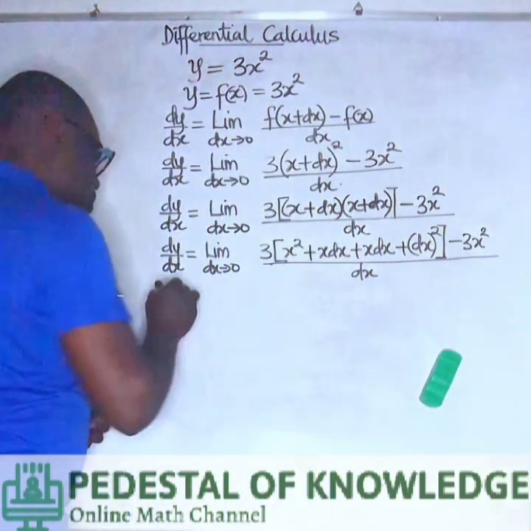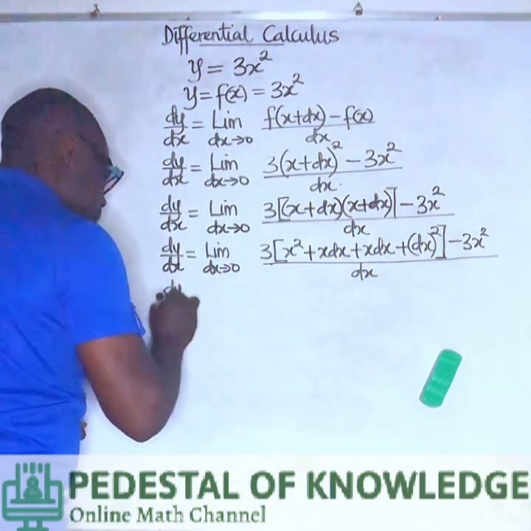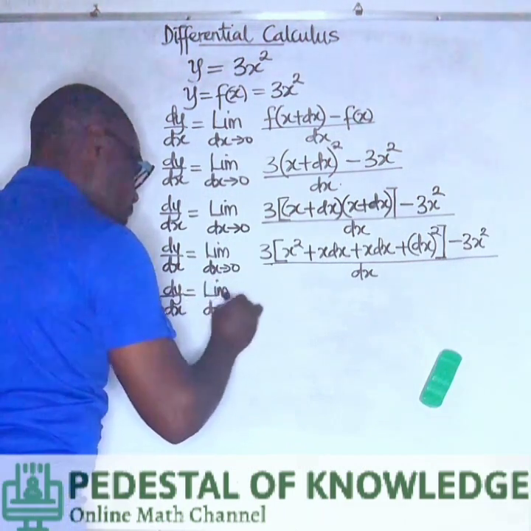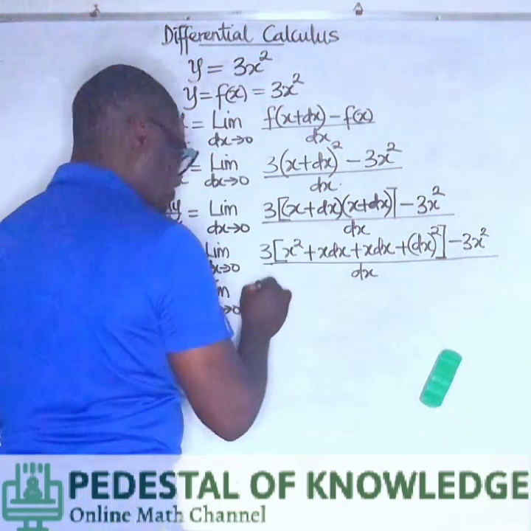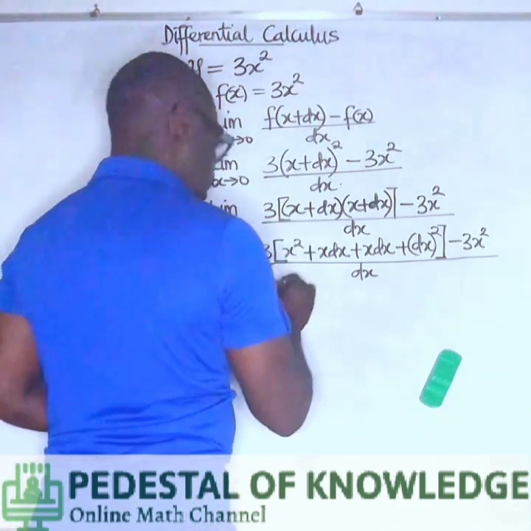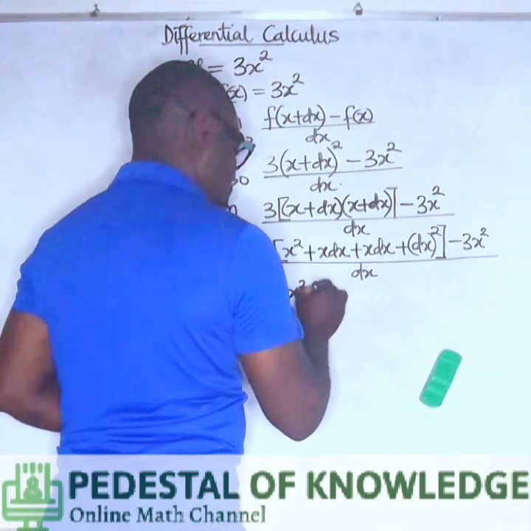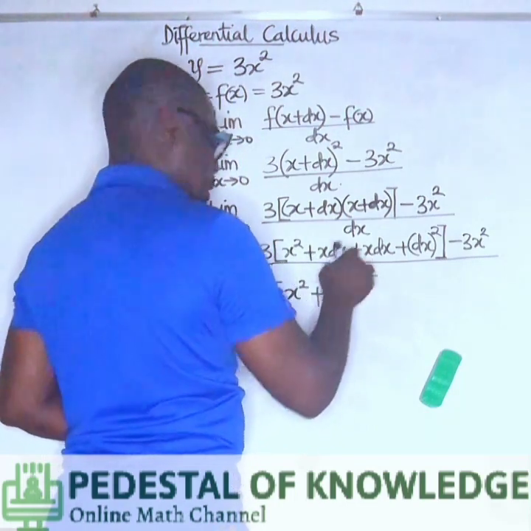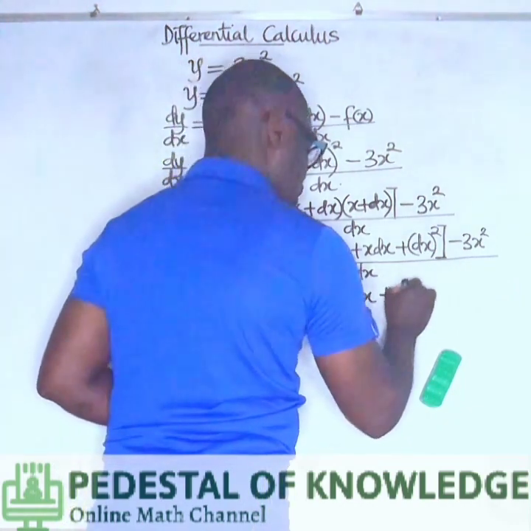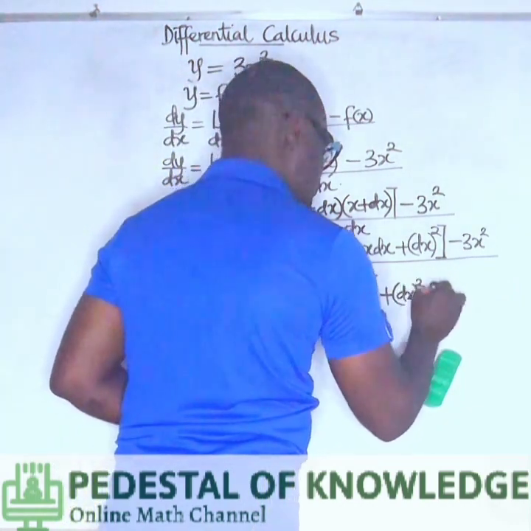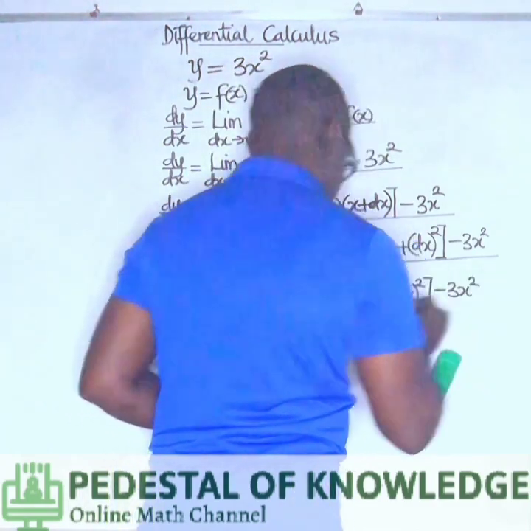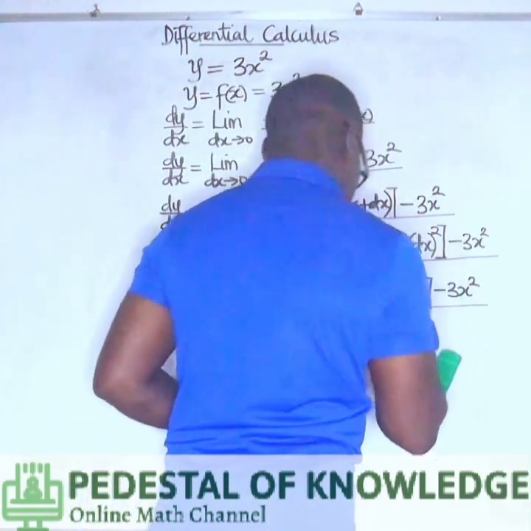Okay, we continue. dy/dx is equal to the limiting value as dx approaches 0 of 3 multiplied by, alright, so this is x squared plus x dx plus x dx will give us 2x dx. Then plus dx all squared, minus 3x squared all over dx.